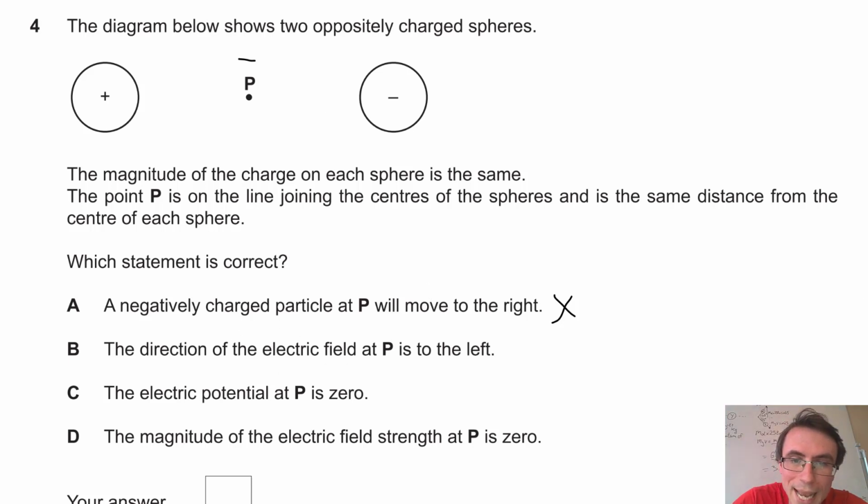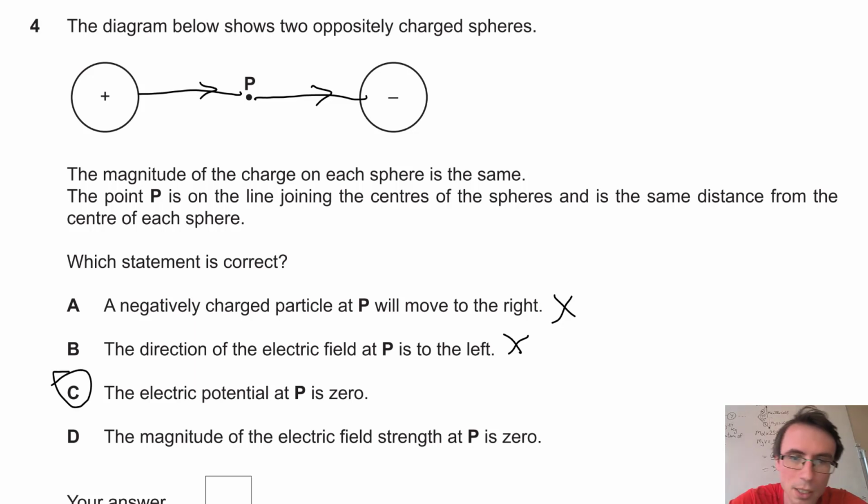B, the direction of the electric field at P is to the left. Well, let's have a look. So the electric fields go out of a positive charge, but they also go into a negative charge, so B is not correct. The electric potential at P is 0, yes, because it's just an algebraic quantity that's being added up.